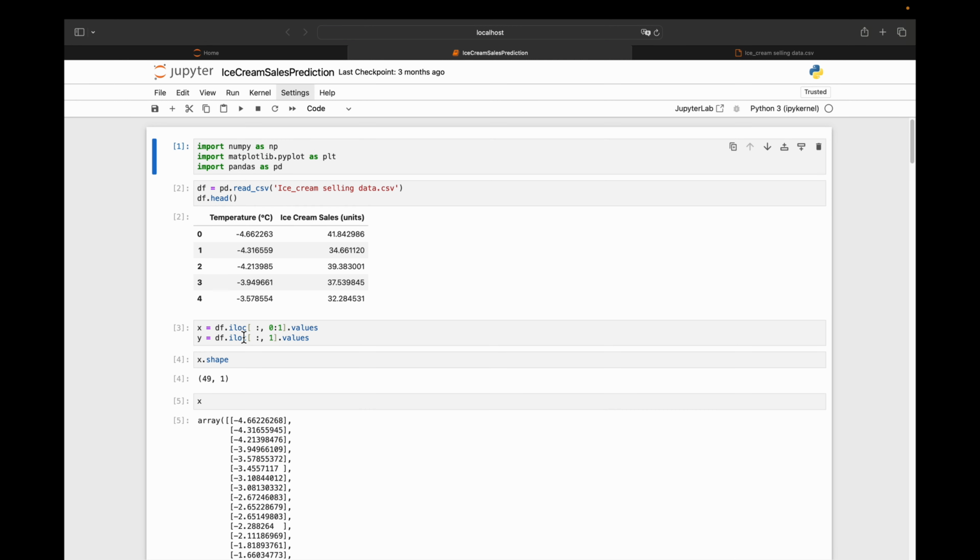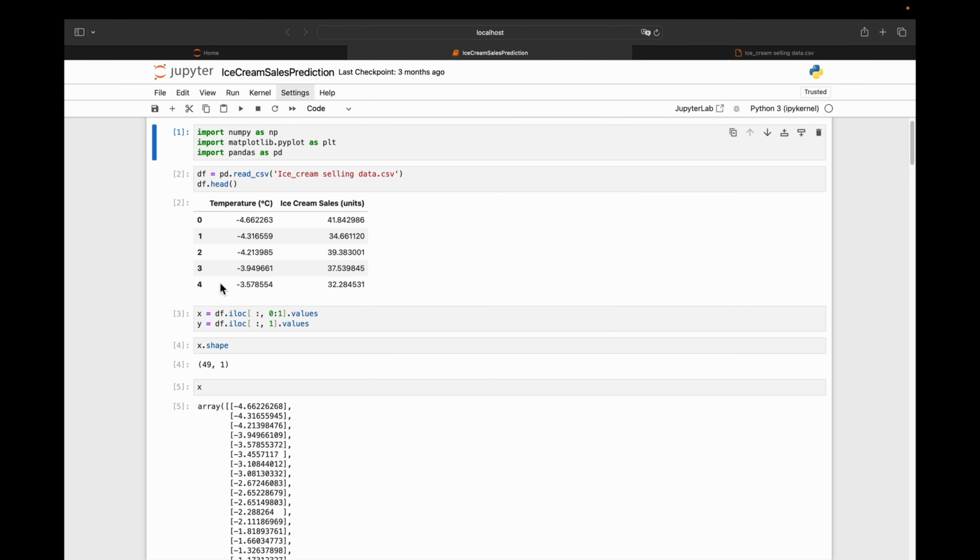After that, we'll keep my input column, that is temperature. This means that I'm selecting all the rows, whereas this means that I'm only selecting the first column, and keeping it in X. My output column I want in Y. So here I'm selecting all the rows, whereas in columns I'm only selecting the first column, which is our ice cream sales column, which is our output.